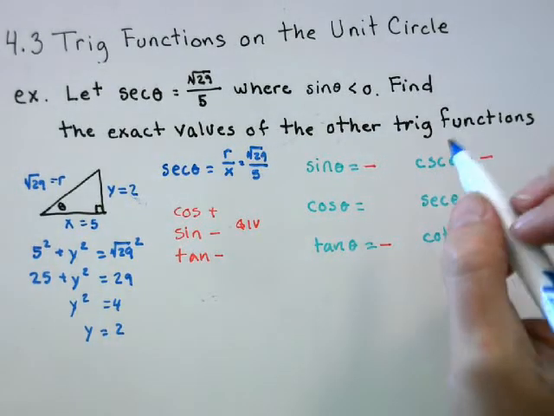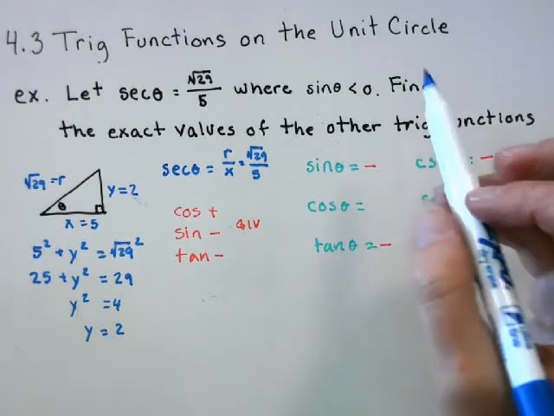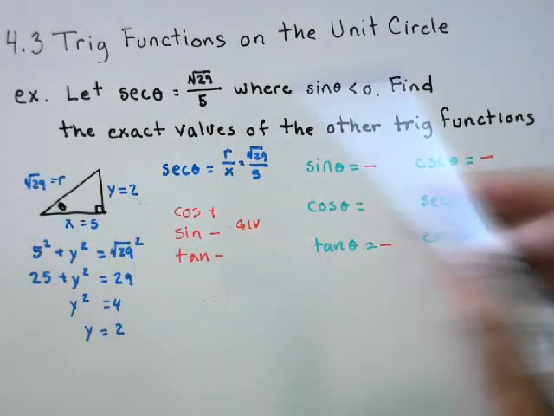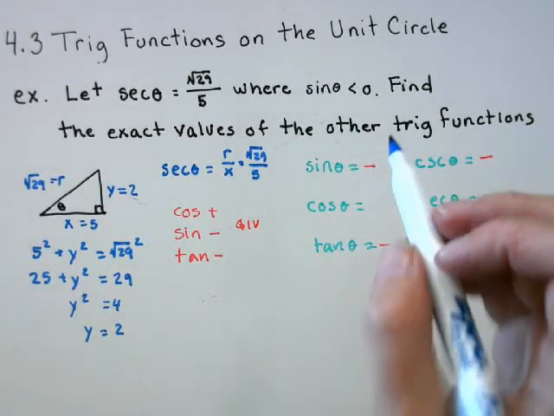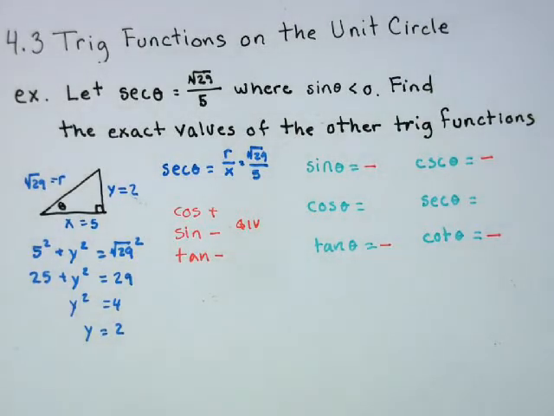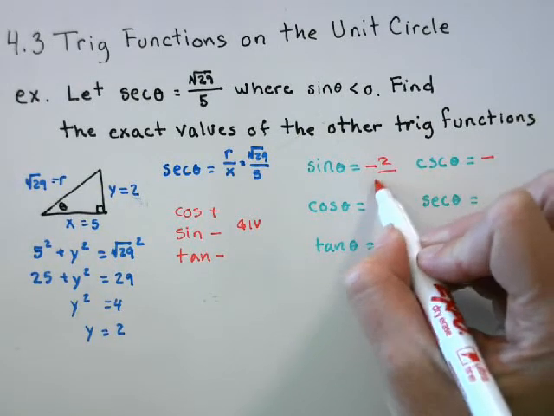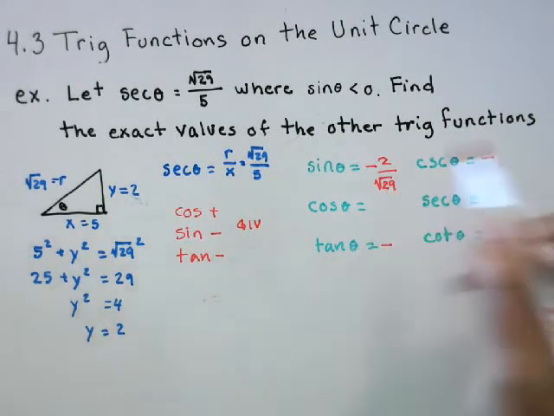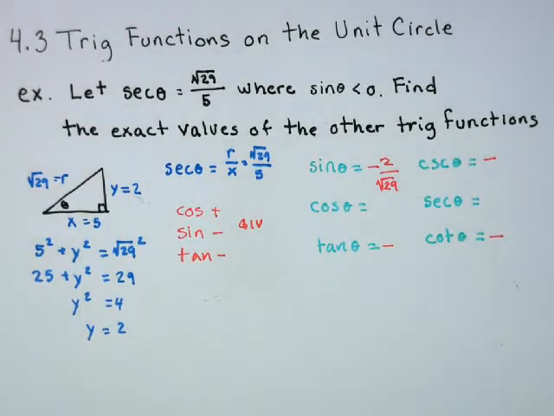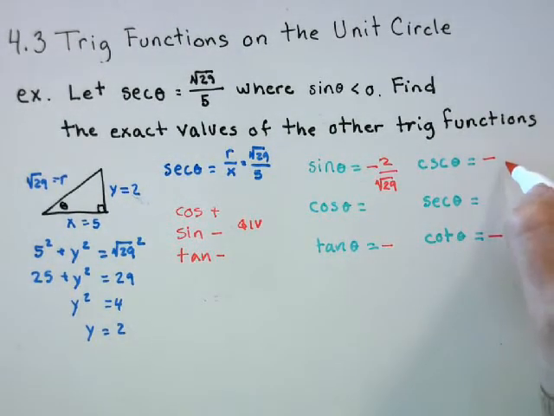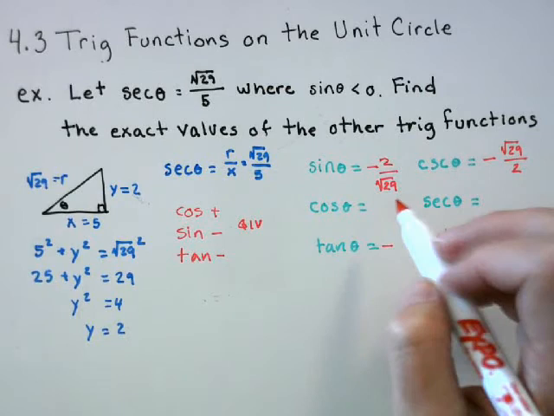Okay, so sine is going to be the opposite over hypotenuse, so a negative 2 over root 29, which you can rationalize if you want to, which means cosecant is root 29 over 2.